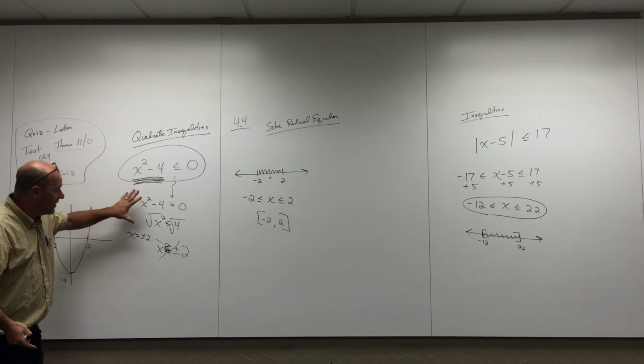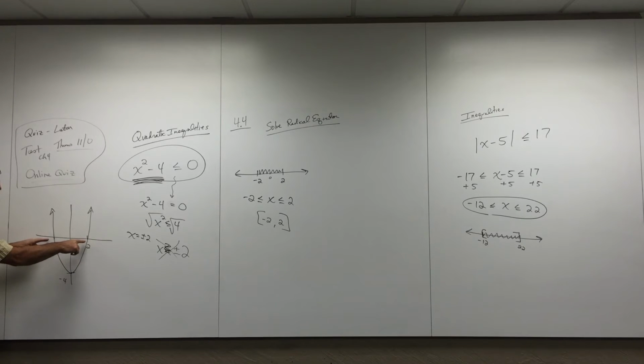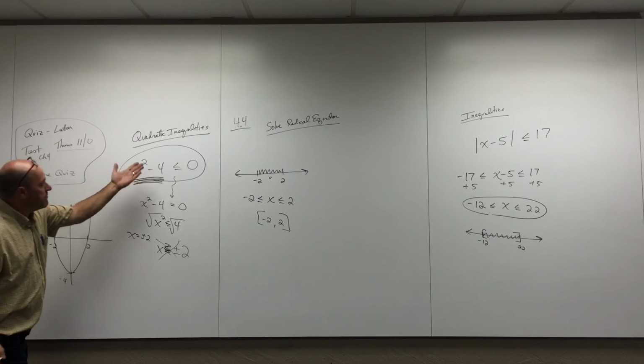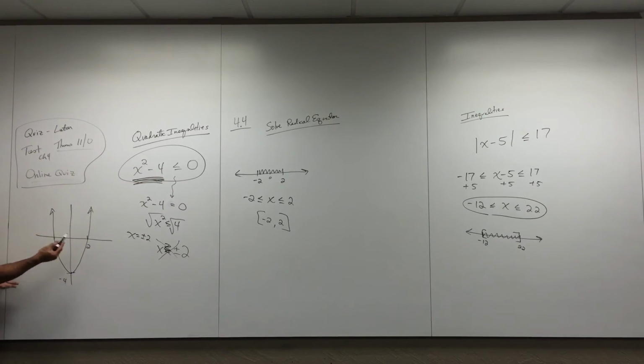We still have to find the x-intercepts. So when is it below the y-axis? It looks like it's below when it's between -2 and 2. Right, that's the answer. A third way, you know.